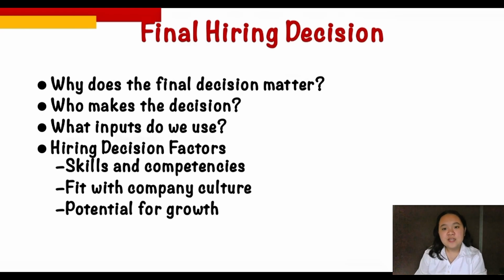For example, for a supermarket cashier, the must-haves might be basic math, honesty, and shift availability. Nice to have might be prior retail experience. This stops the team from picking someone for the wrong reason, like only because they were friendly. Clear criteria help the team choose the best match for the job.